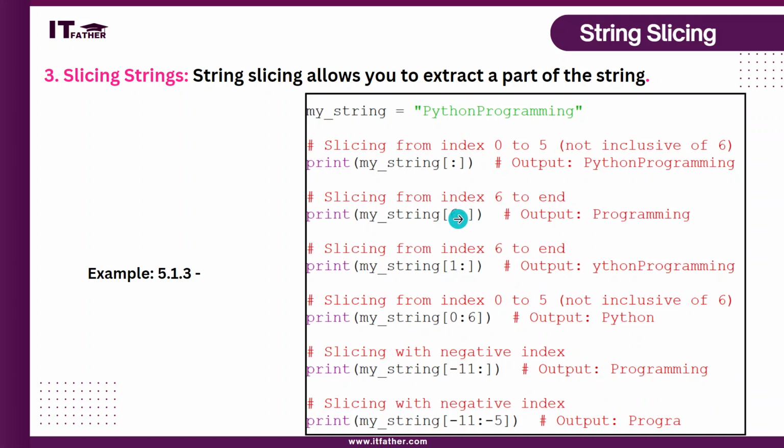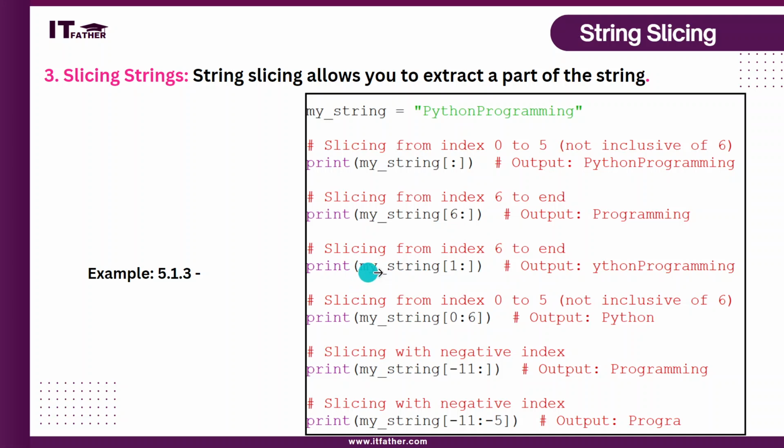Left will be the starting position, and if you write something on the right side after the colon, that will be the last character indication. So 6 till the end, it will go till the end. Output is programming because it is starting from the 6th index value.